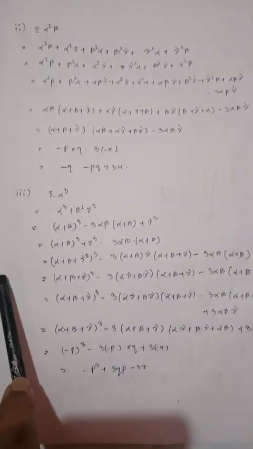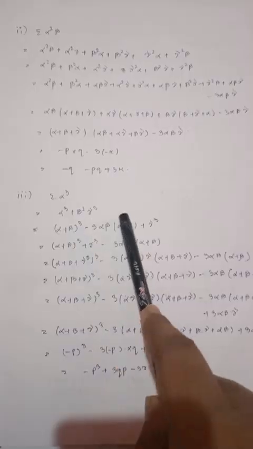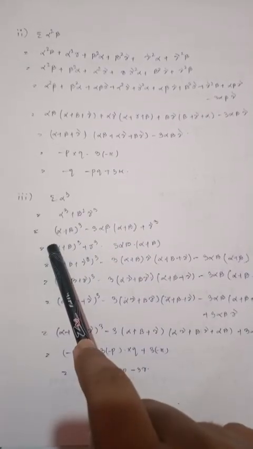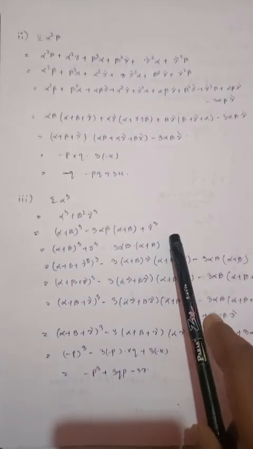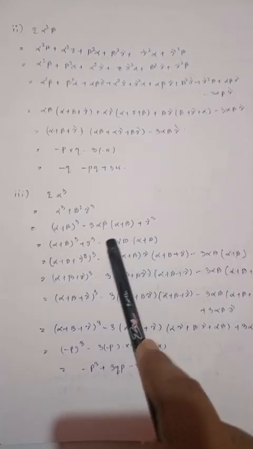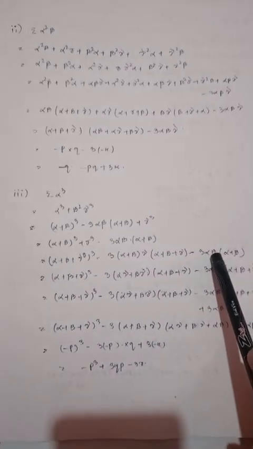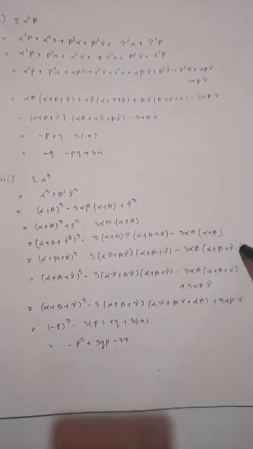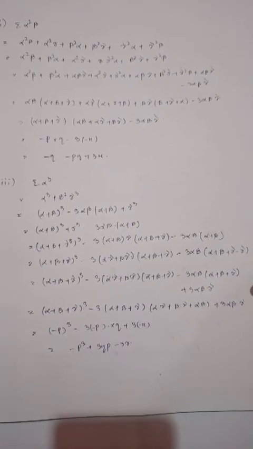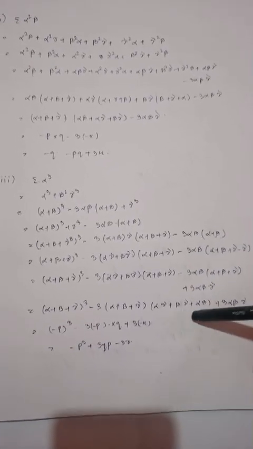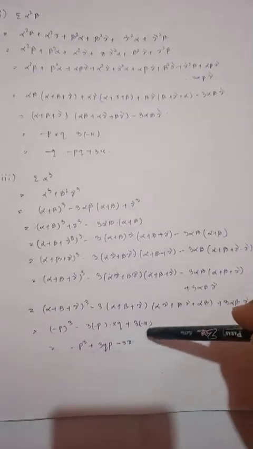Same goes with this. We'll first expand it, then we'll use the identities here, then we'll rearrange it, and then we'll substitute the values of alpha, beta, gamma respectively according to the needs. Then we can use the identities again to get the answer.